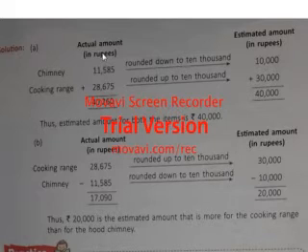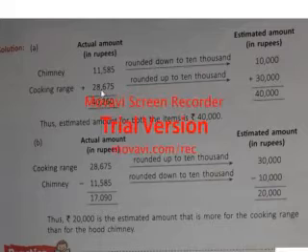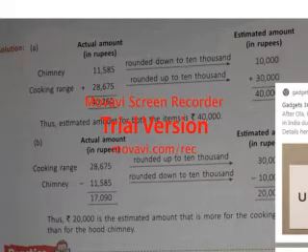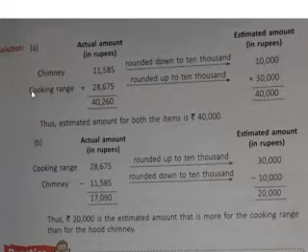In the same way, the chimney price was 11,585, rounded to 10,000. As I said, the highest place order is 10,000, so it becomes 10,000. And the cooking range is 28,675. Here also this is in the 10,000 place, so it will be rounded to 10,000 and it becomes 30,000. Now while adding, it becomes 40,000.